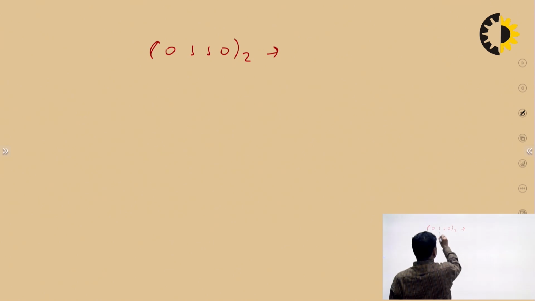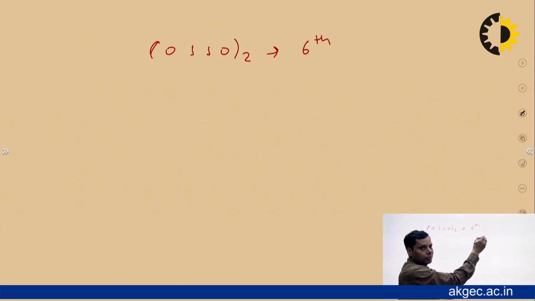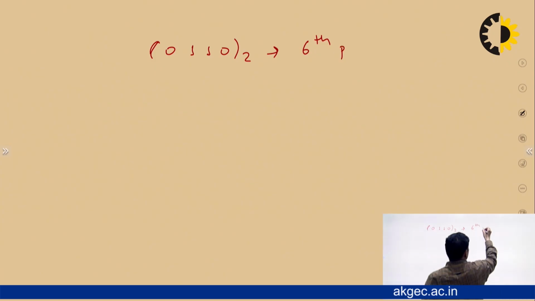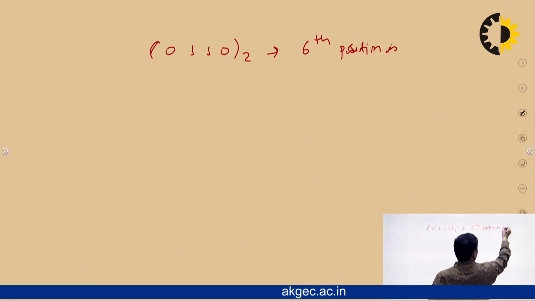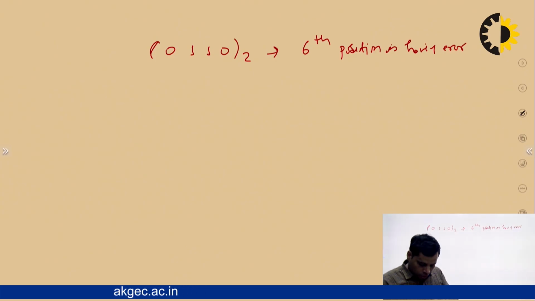So 0, 1, 1, 0 is 4 plus 2, which means 6th. The decimal value of 0, 1, 1, 0 is 6. That means the 6th position has the error.